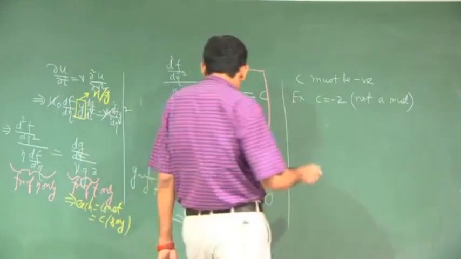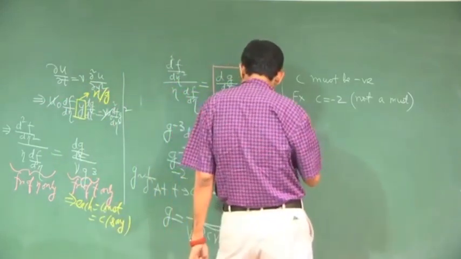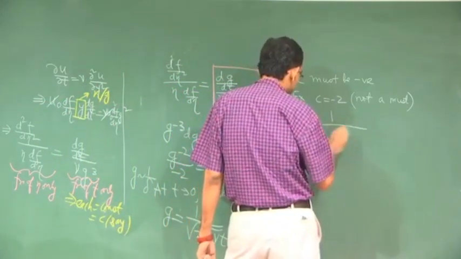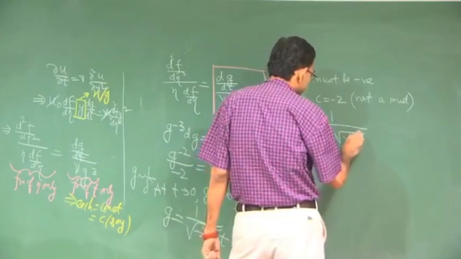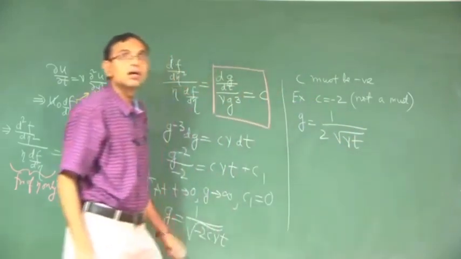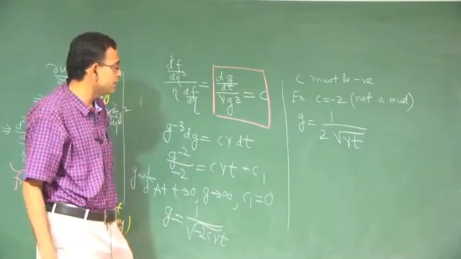So, if you choose C equal to 2 minus 2, the good thing is that you have this 2 out of the square root and you are having this as the form of GT.